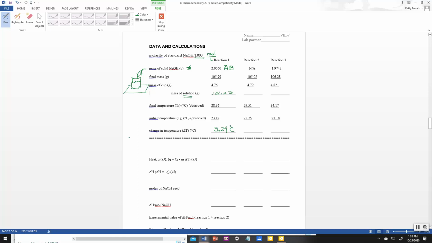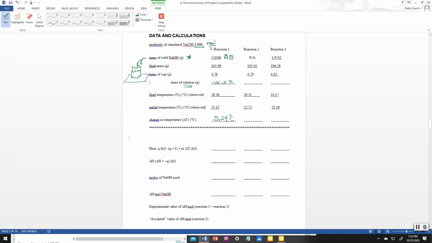So now we took that information and we remembered that Q equals mc delta T. And for the solution, we could use 4.184 joules per gram degree C, because it was a very dilute solution.